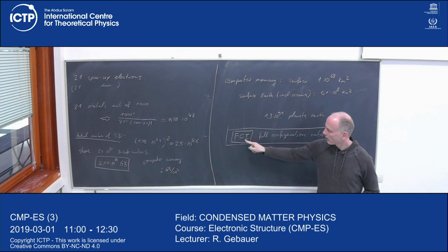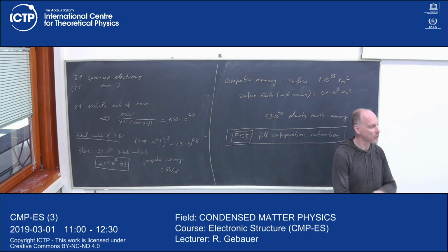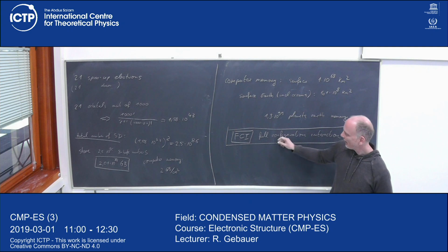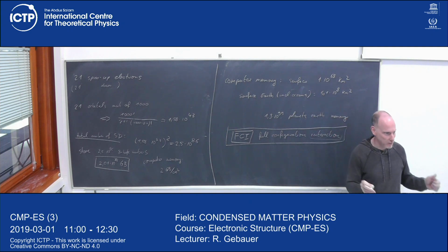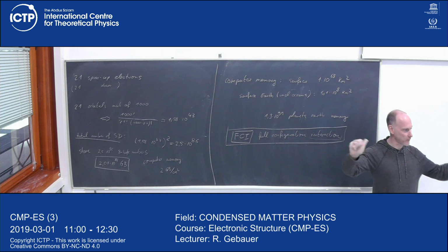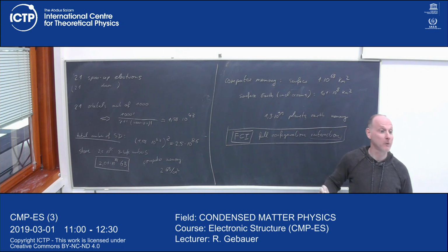Why is it called like this? Full is clear. Full because one takes all Slater determinants. And then the word interaction is because one considers the interaction between different Slater determinants. Now, don't ask me why chemists have decided that Slater determinants are called configurations.